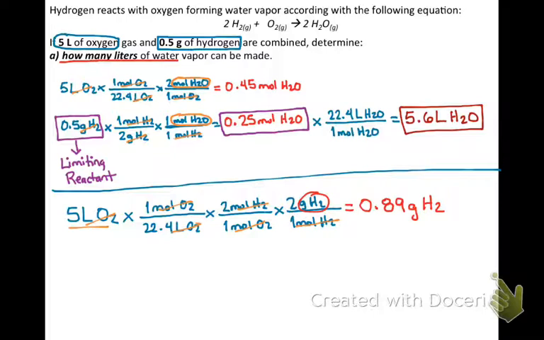Here you can see directly that you don't have enough hydrogen. You only have 0.5 grams and you need 0.89 grams. But let's do the other calculation to know how much oxygen is used.